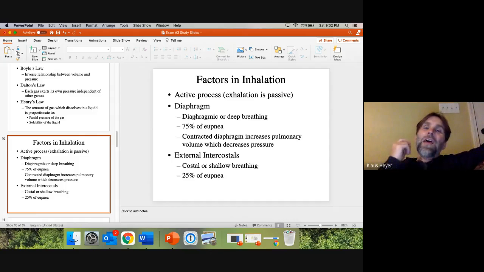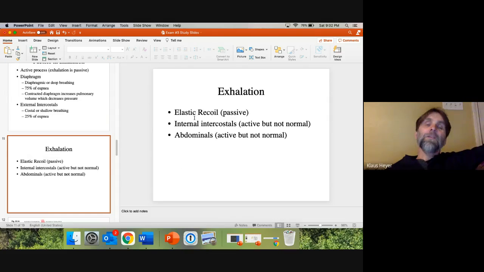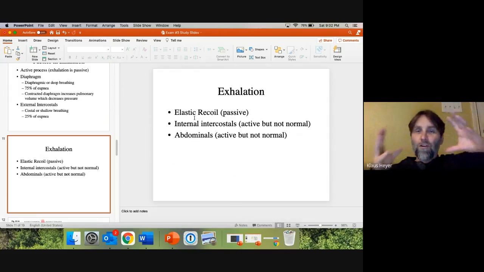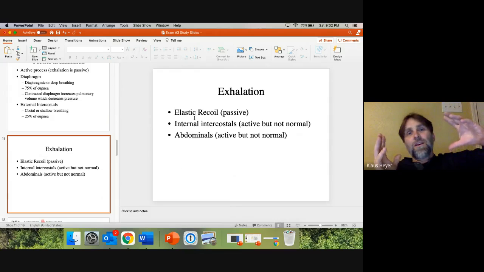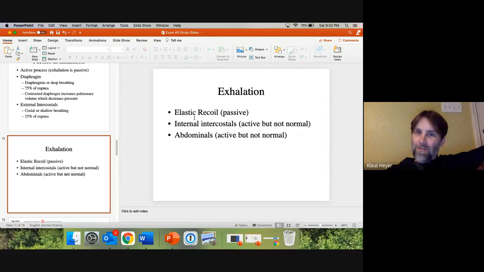So remember this: external intercostals for inhalation, internal intercostals for exhalation. But most of exhalation, most of breathing out, is elastic recoil. So when your lungs get larger, there's some elasticity to your lungs and they go back, and that pushes the air out, right?